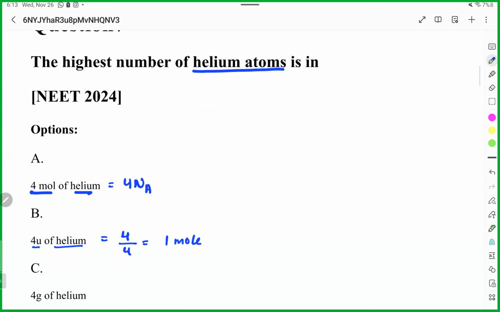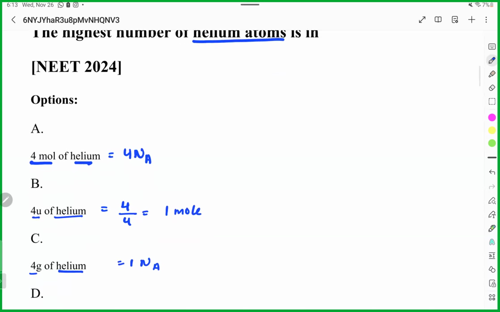Third case. Barinder, what is 4 gram of helium? One mole, so 1 NA. Correct.